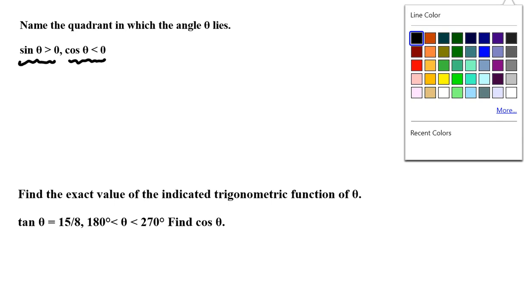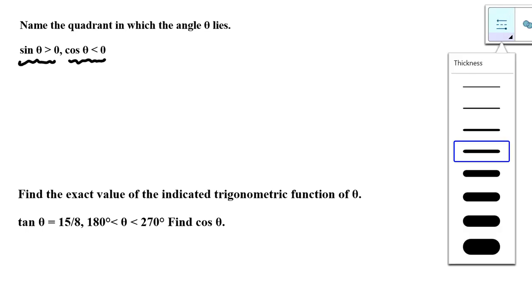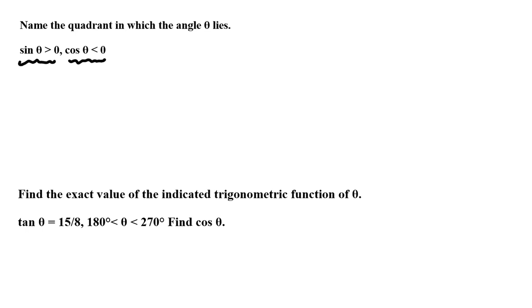Now let me get the line thinner. Okay. We know how sine theta is defined in the unit circle. The radius is 1. Theta is here, and here is (x, y).